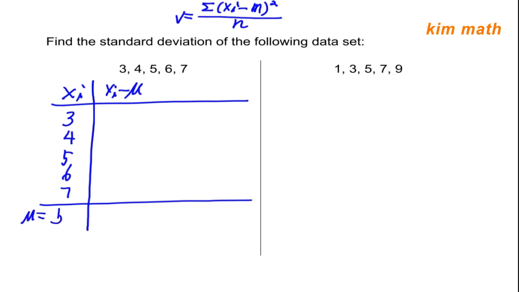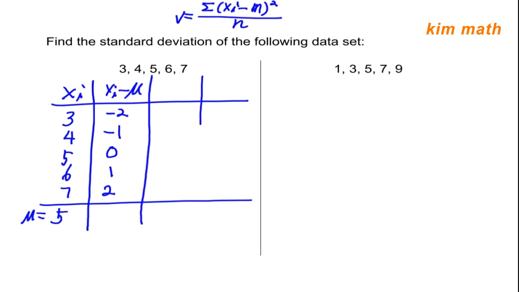I think the mean is 5. Add them all and divide by 5 is 5. So what is x minus mu? We call this the deviation. So here 3 minus 5, 4 minus 5, 5 minus 5, 6 minus 5, 7 minus 5. Okay.